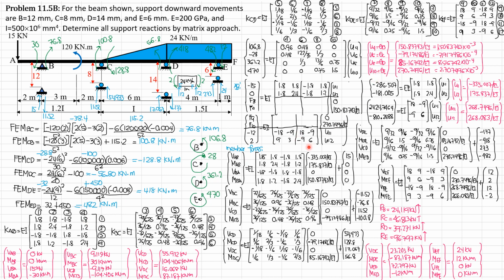Next, for BC, we have shear BC, moment BC, shear CB. Shear CB, by the way, is the reaction just to the left of C, and we have moment CB, which is moment at C in the classical methods. Then this is the stiffness of BC.